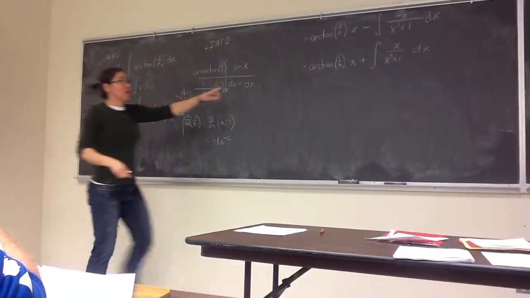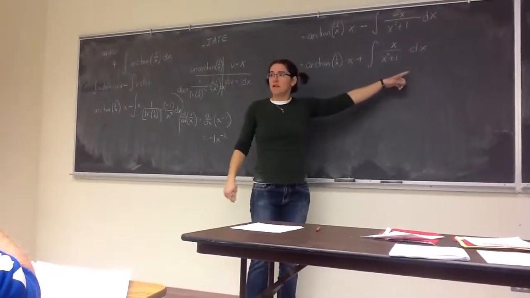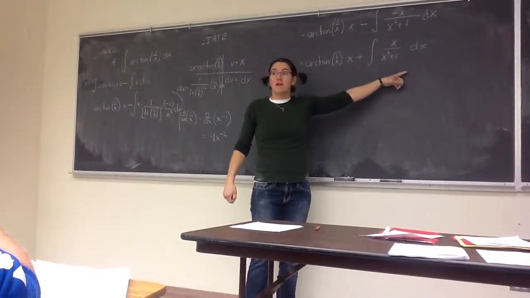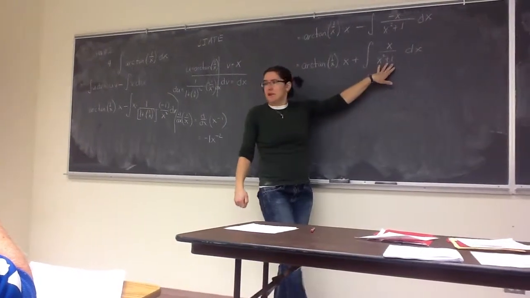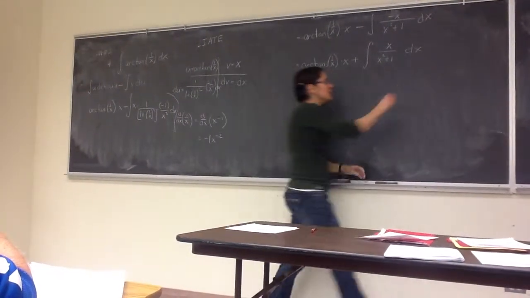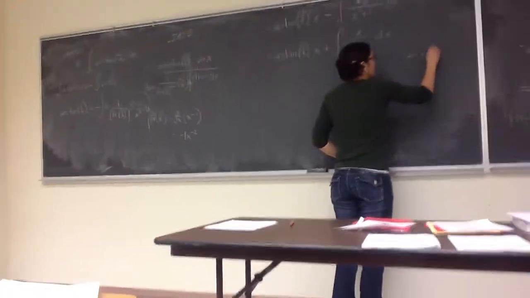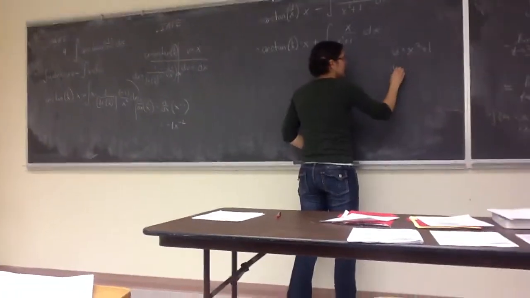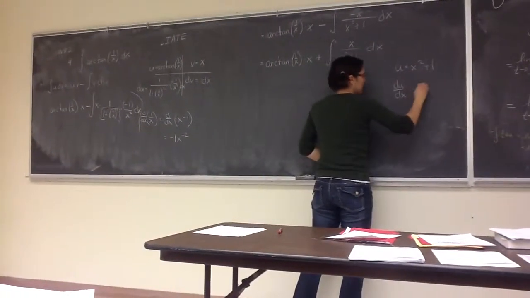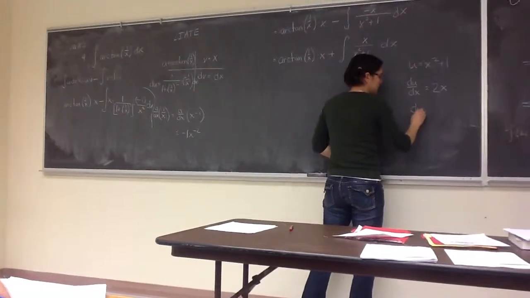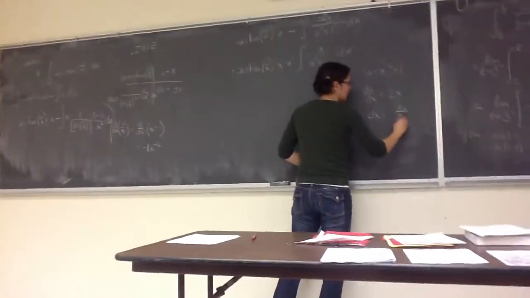And so this looks an awful lot better than it did earlier on. And so now at this point, this integral is a u substitution. If I let my u be equal to x squared plus 1, then my du over dx is 2x. And so dx is equal to du over 2x.